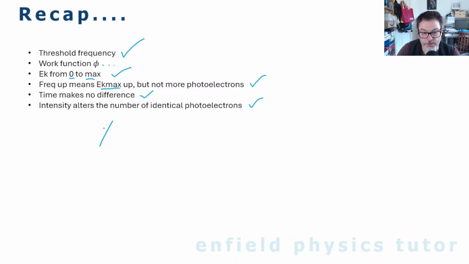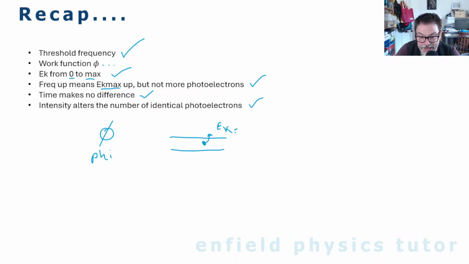So work function, given the symbol phi, another Greek letter, is the minimum energy required for an electron to escape from the metal. If you imagine your metal surface here, and here's an electron, we're thinking about the energy, because remember the energy coming in is given to helping the electron to escape, and also some kinetic energy.